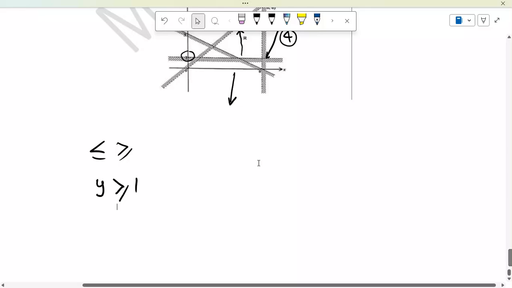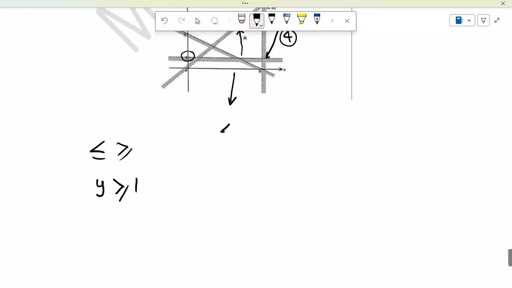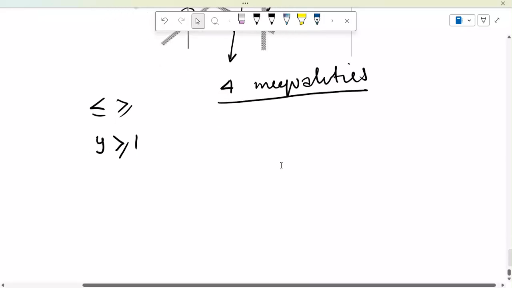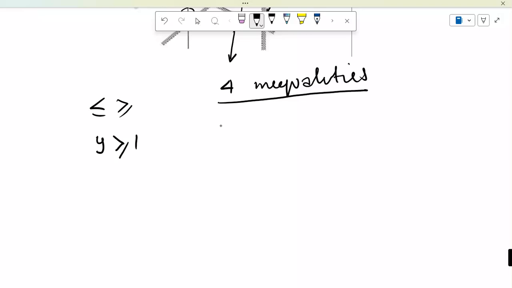So the 4 inequalities we have: number 1, y greater than or equal to 1.